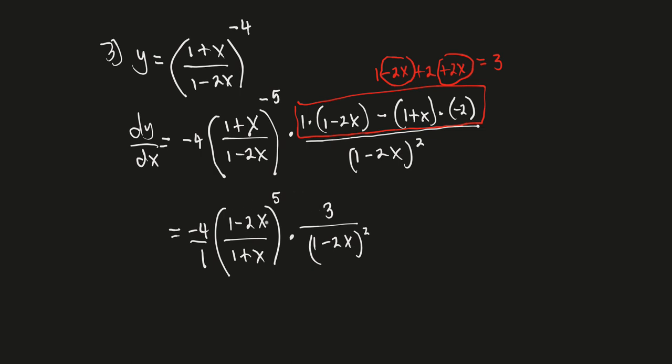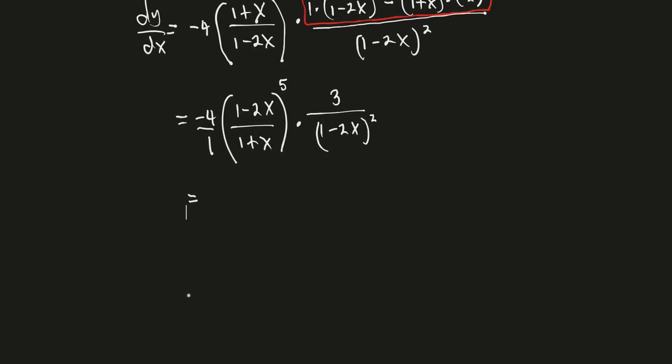I still can't distribute it into this fraction because of that exponent. And speaking of that exponent, there's something else we can do. All right, so let's see what progress we've made. So the negative 4 times the 3, that's negative 12. So I'll put a negative 12 out in front.